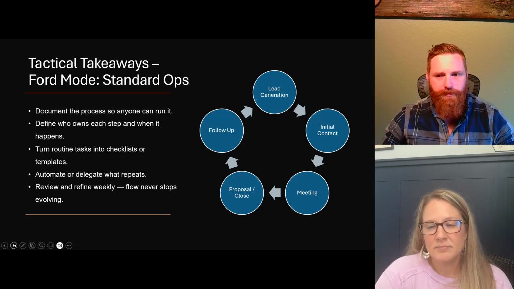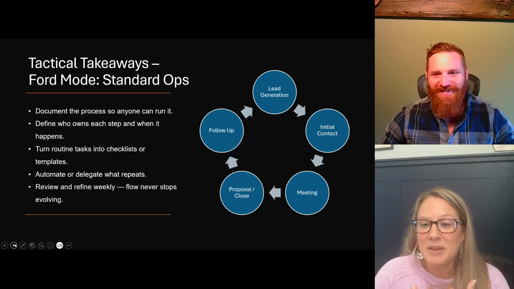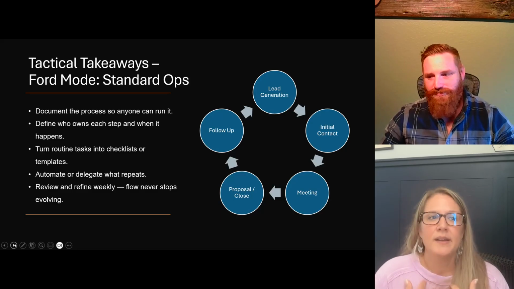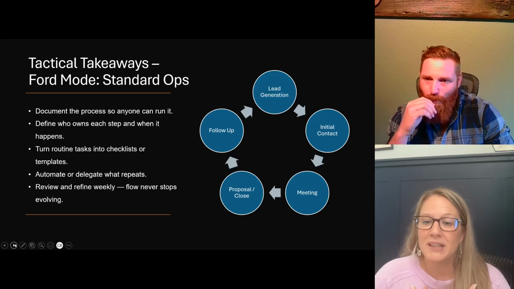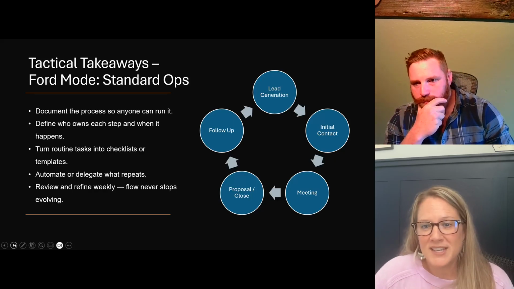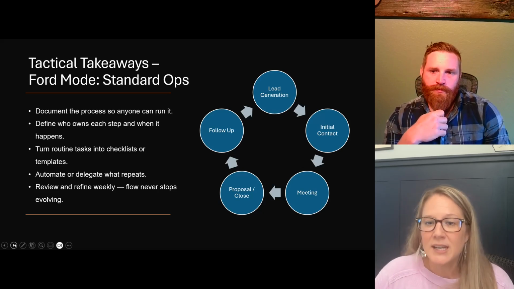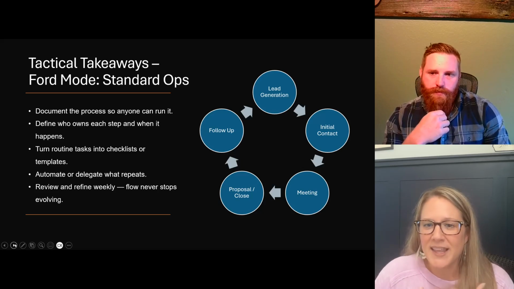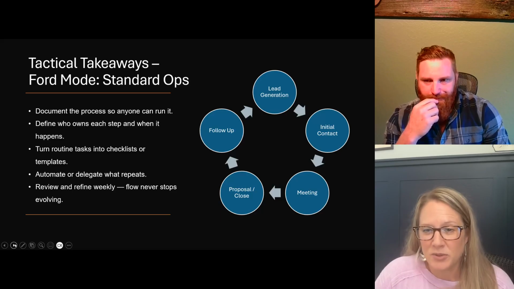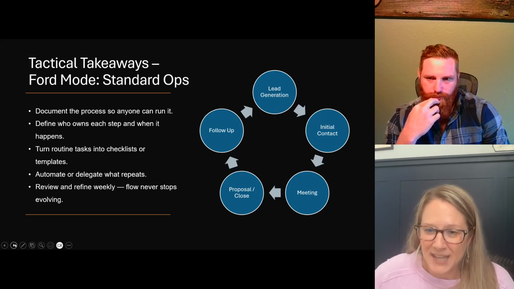But at the same time, if there are jobs that we, as the owner of the company, love to do and thrive in doing, I don't want to say delegate those, unless it's becoming such a bottleneck for your company. Hold on to those. That's the reason you started the company in the first place. You love a component of your business, so keep that and delegate the other stuff.